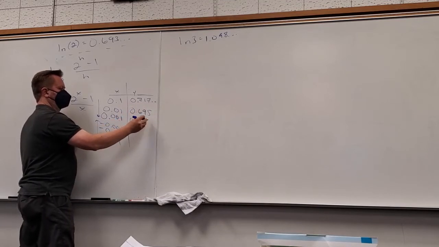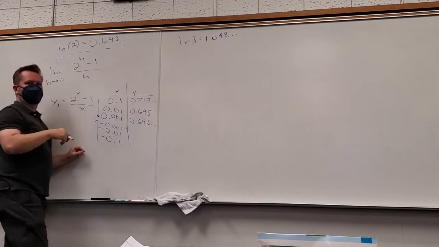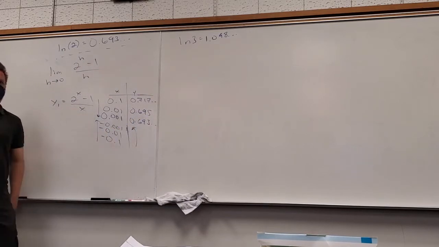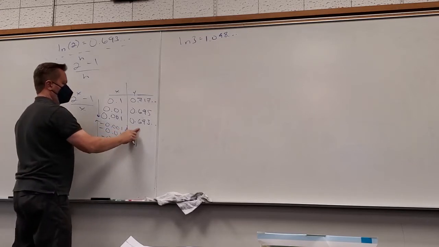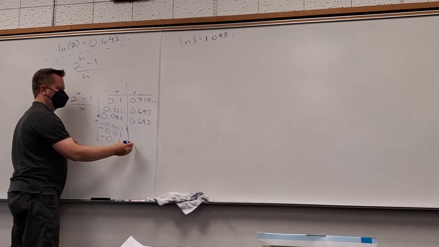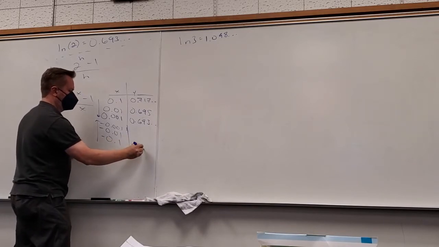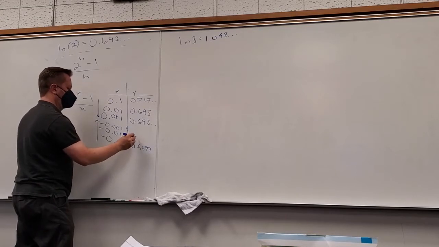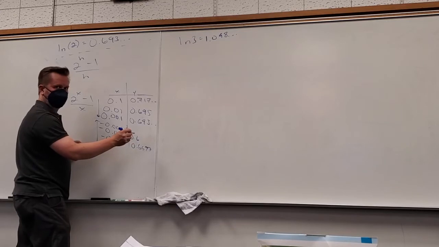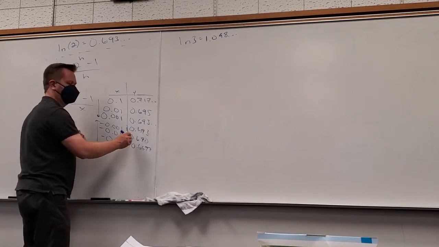And then the one after that, 0.60933, blah, blah, okay. And then the same kind of thing from below: 0.66697? Yes. This is probably 0.69 something, right? 0.690? Yeah. And then this is basically 0.693, right?